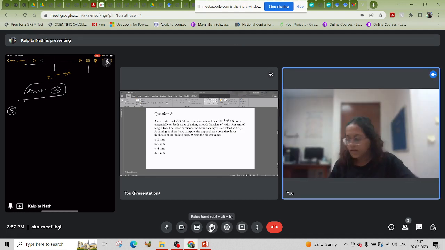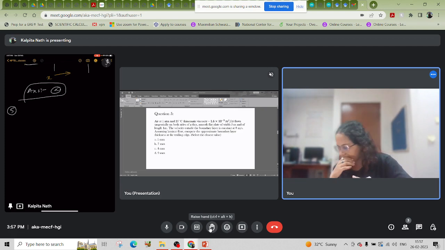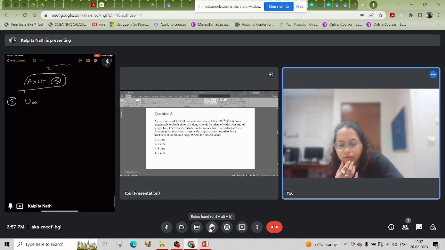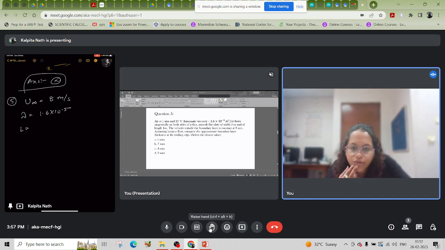Okay, so let us go on with the solution of question number 5. Here it is said that the free stream velocity is given as 8 meter per second, right? And kinematic viscosity is given as 1.6 into 10 to the power minus 5. And the length at which we need to compute the approximate boundary layer thickness, that is the trailing edge, is 1 meter.